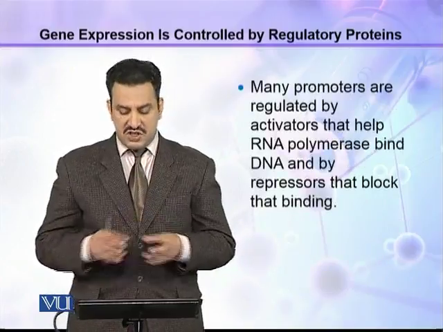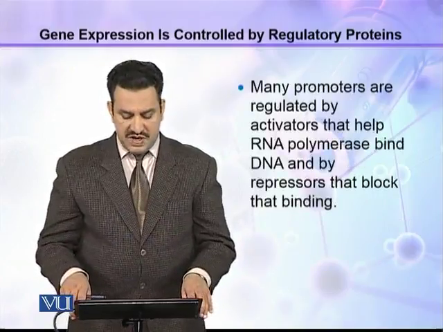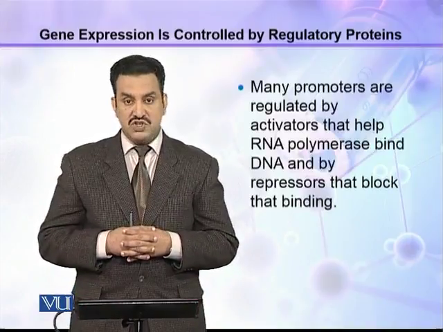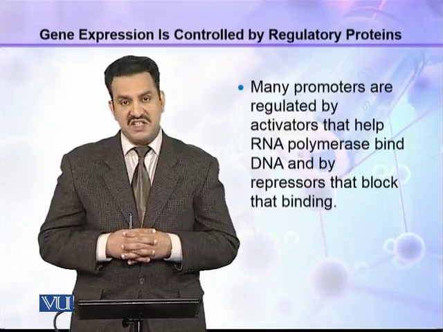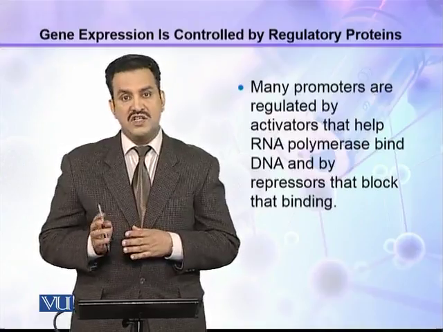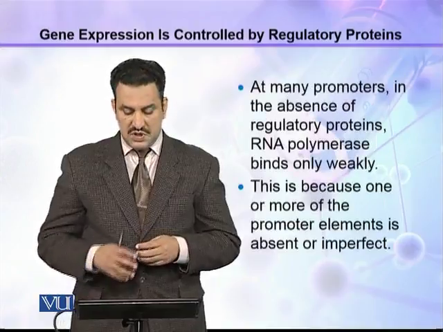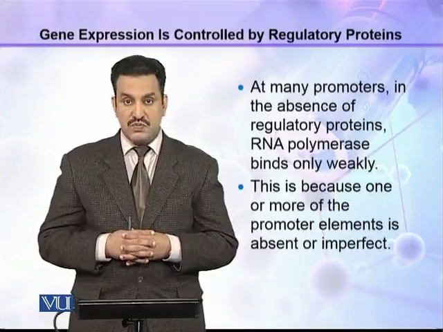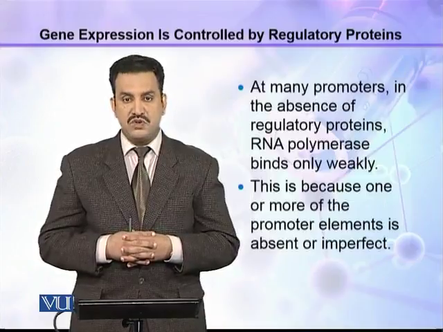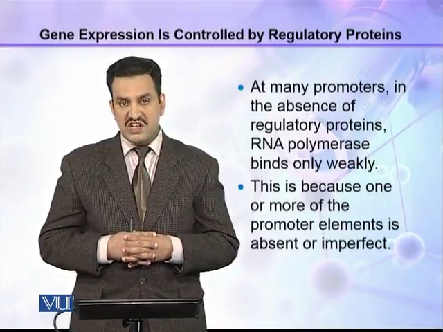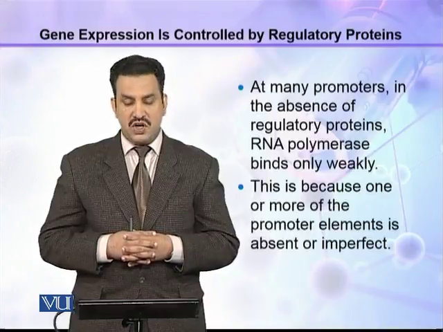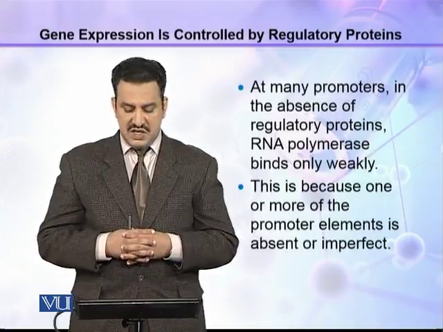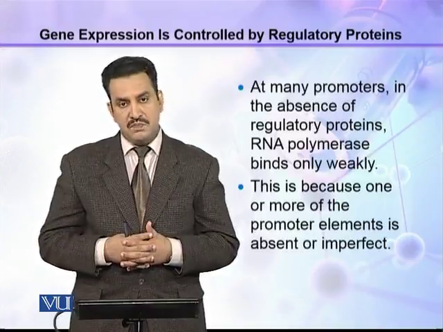Many promoters are regulated by activators that help RNA polymerase bind DNA and by repressors that block that binding. At many promoters, in the absence of regulatory proteins, RNA polymerase binds only weakly. This is because one or more of the promoter elements is absent or imperfect.